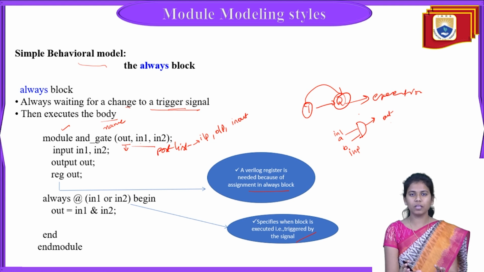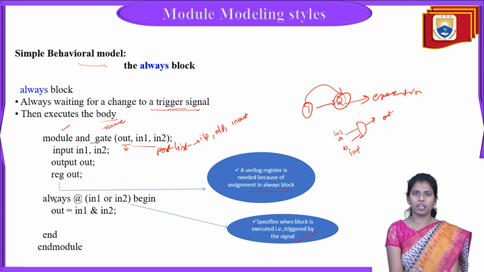That has to be triggered by the signal, from the input signal to the output signal. That's the reason we are specifying always @(in1, in2) begin, and the output here is in1 and in2. As it is an AND gate, the output we represent as out is equal to in1 and in2.